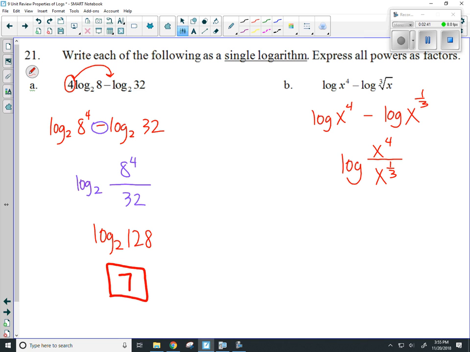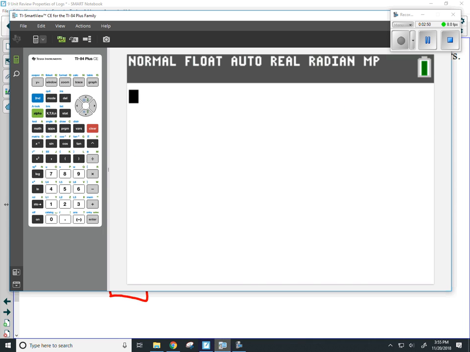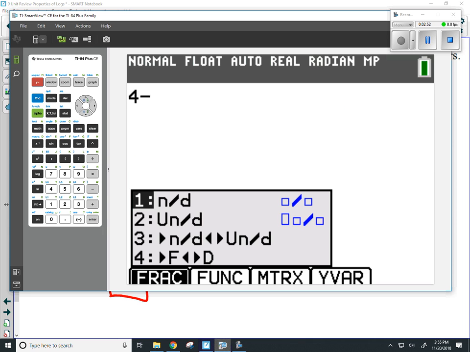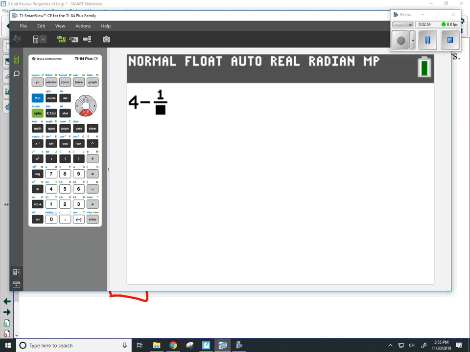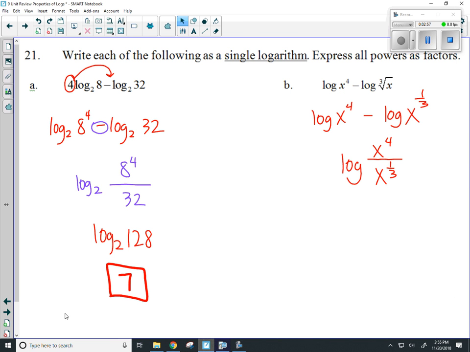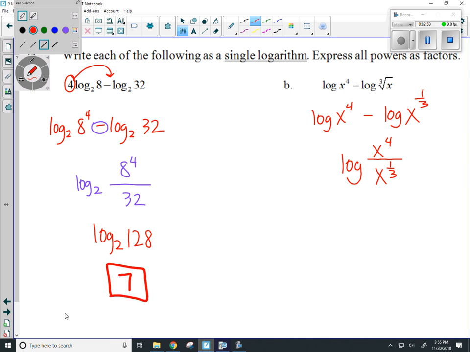From here, it becomes an exponent rules question, where to simplify x to the 4th over x to the 1/3, we're going to have to subtract 4 and 1/3. So 4 minus 1/3 gives us 11/3. So this is really just equal to log x to the 11/3.